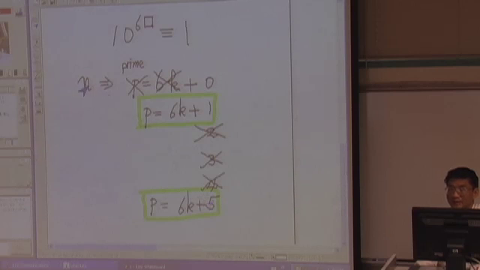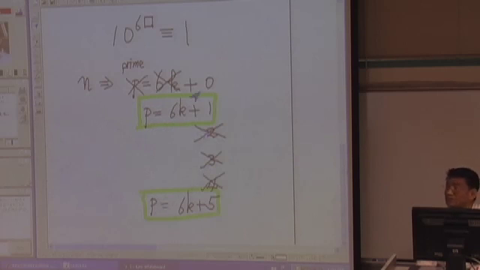Among these, 6k is not prime, 6k plus 2 is not prime, so primes can occur only in these two cases. In other words, the exponent could be this or this. Other cases have non-prime exponents.